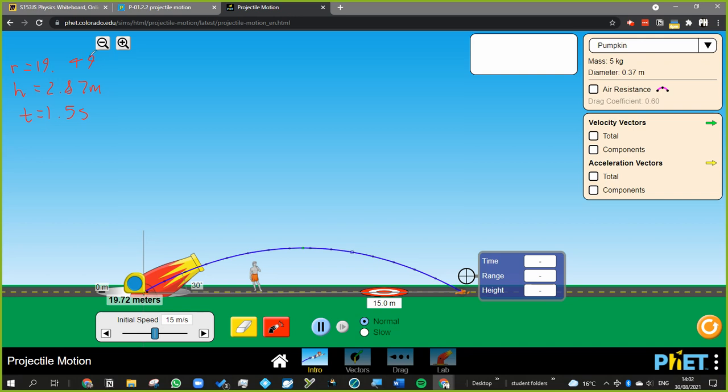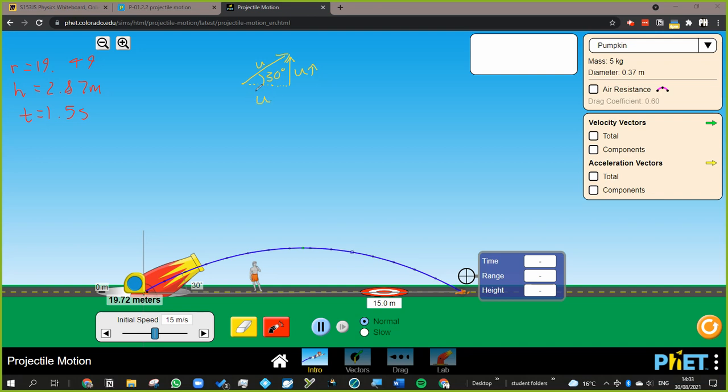The first trick to doing that is you take the initial velocity, the vector of the initial velocity, and you break it down into its components, its horizontal and vertical components. I'm saying that up is positive.